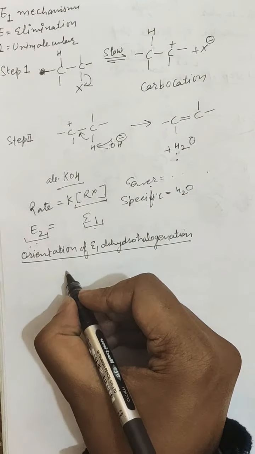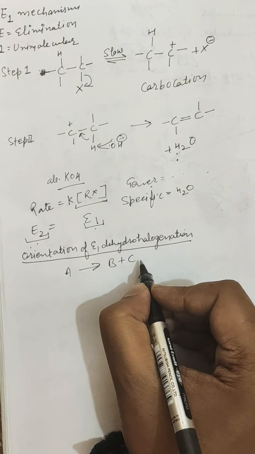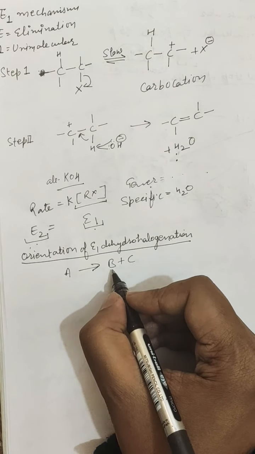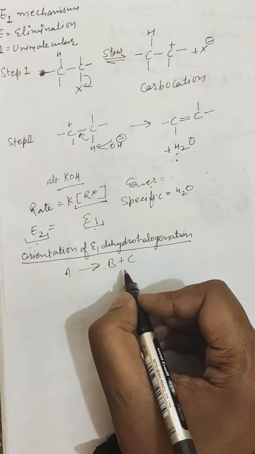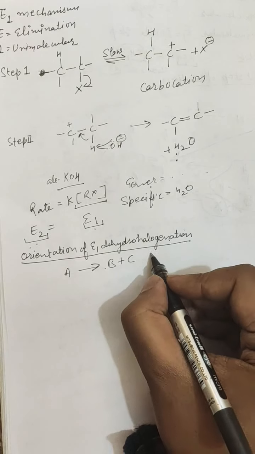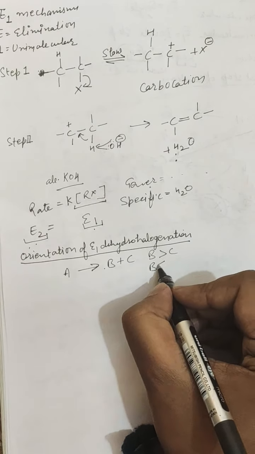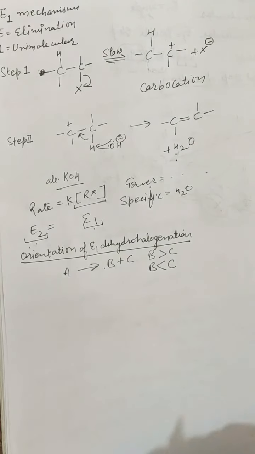So suppose that A is converting into two or more products, that is B and C, then which will have the higher concentration and which will have the lower concentration. The concentration of B can be more than C, or the concentration of C can be more than B, or some other relation may arise.